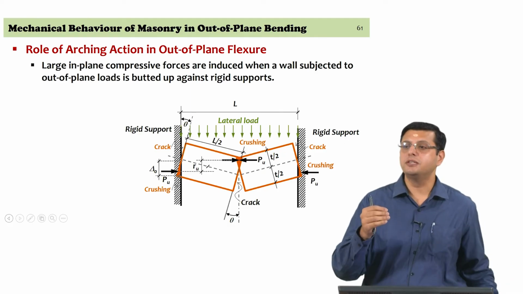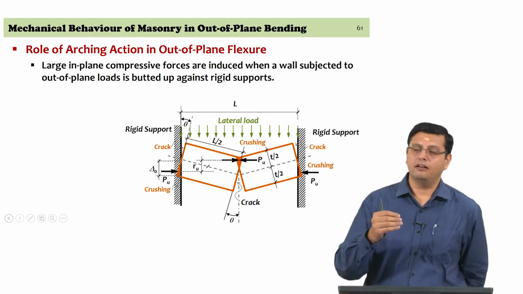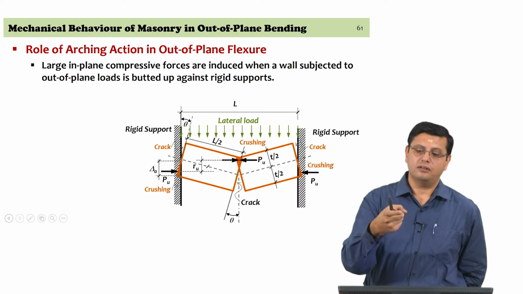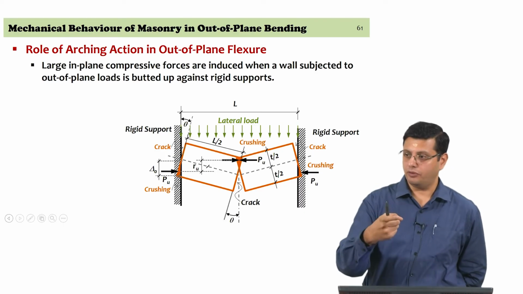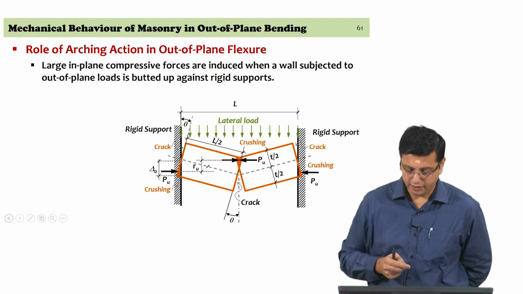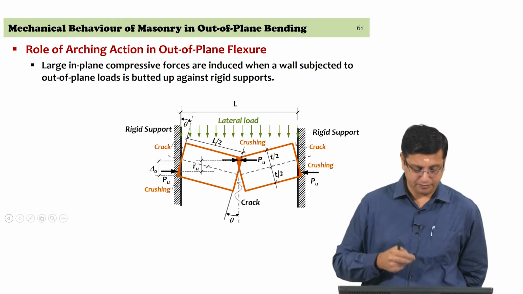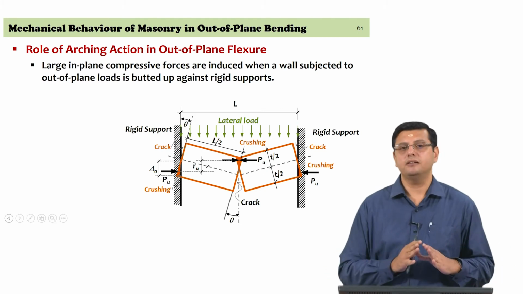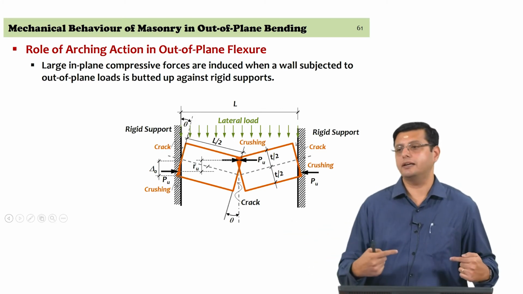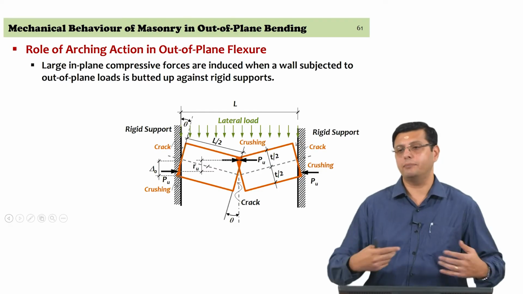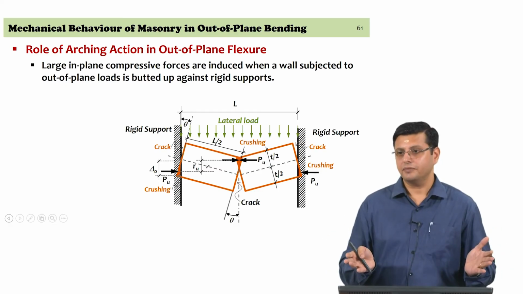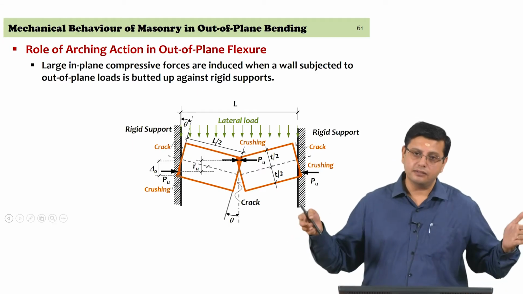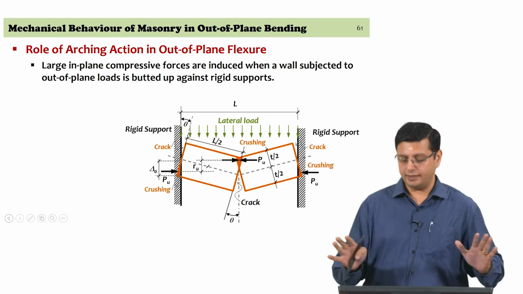Therefore, your hinge itself can go from a point to the centroid of a length of wall which is undergoing compression and crushing. So, basically the bottom line is, there are large in-plane compression forces that start developing when this wall starts deflecting, and this is expected to happen when this out of plane wall is butted against rigid non-moving supports. So, that is the bottom line.